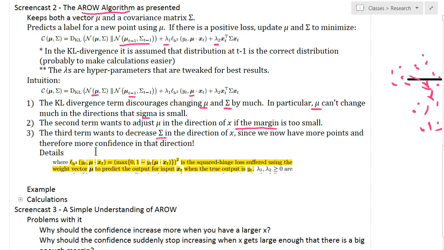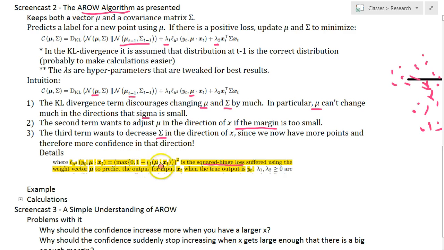And in their paper, for the loss function, they use this squared hinge loss, which is basically this. As long as your margin is big enough, it's just 0, right? Because then the maximum of these two terms, this one will be negative, and so you get 0.